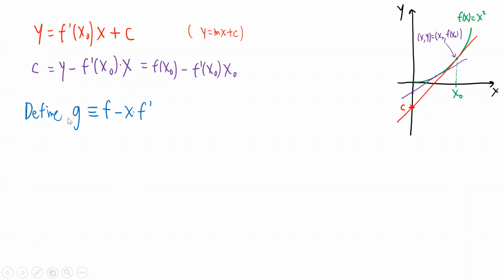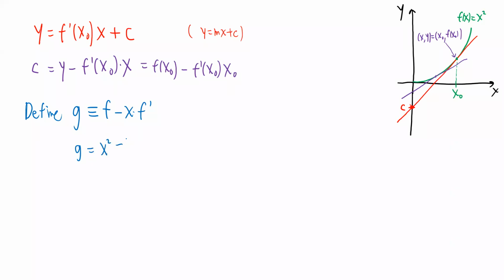Now, this function, as I said, is closely related to the x squared function. I want to actually work out the expression for g in this case. So g would be equal to, what is f? f is x squared.